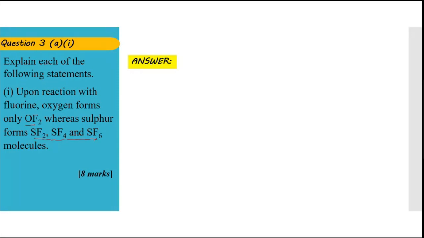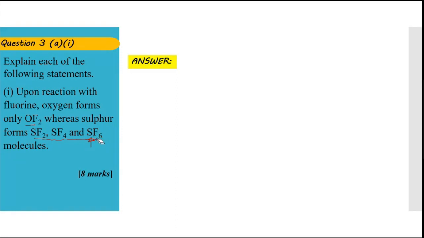Actually, without drawing the Lewis structure, if you are quick enough to think, SF6 has 6 fluorines around sulfur. That means around sulfur there are a total of 6 times 2, 12 valence electrons.